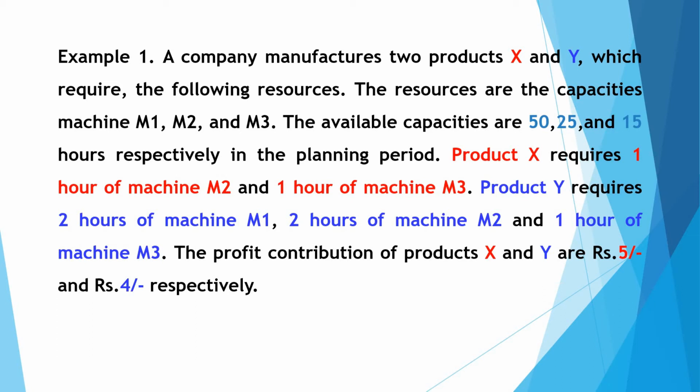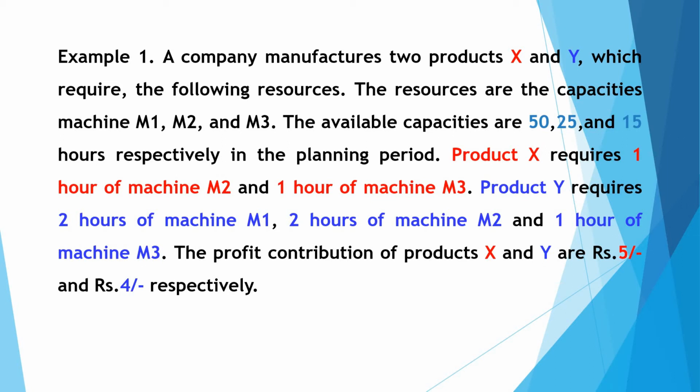Let us see this example. A company manufactures 2 products, X and Y, which require the following resources. The resources are the capacities of machines M1, M2 and M3. The available capacities are 50, 25 and 15 hours respectively in the planning period.